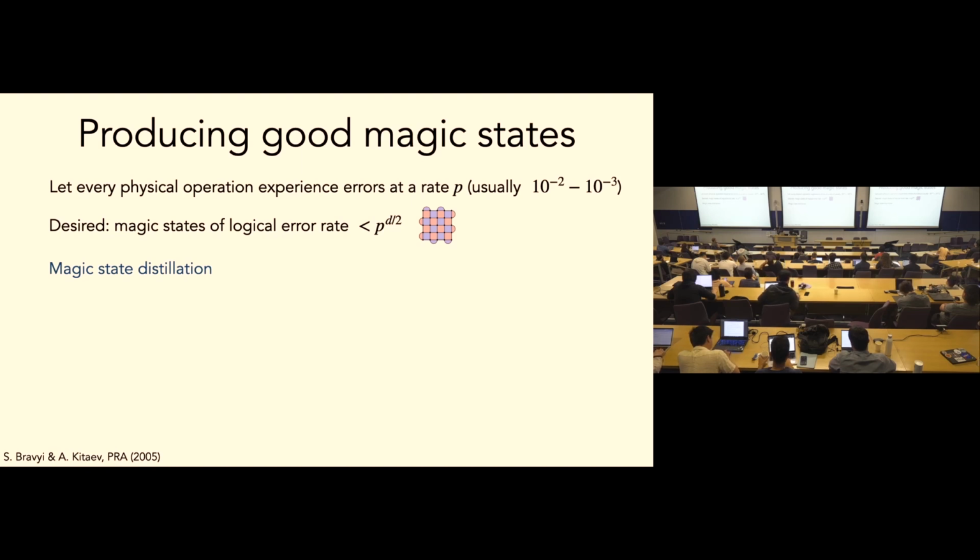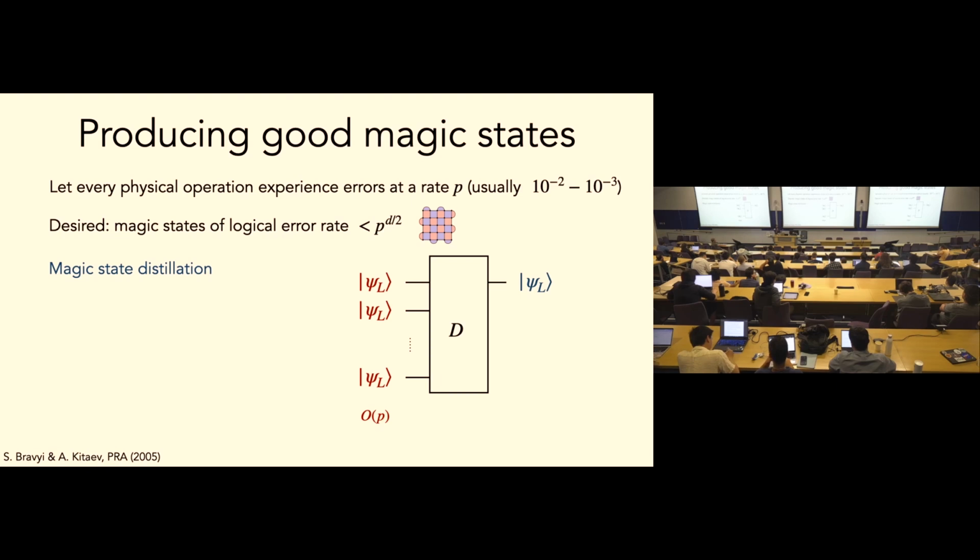The idea here is that you take several copies of erroneous T-states, magic states, and each of these magic states could have the wrong logical state encoded into the error-correcting code with a probability linear in the physical error rate of your components.